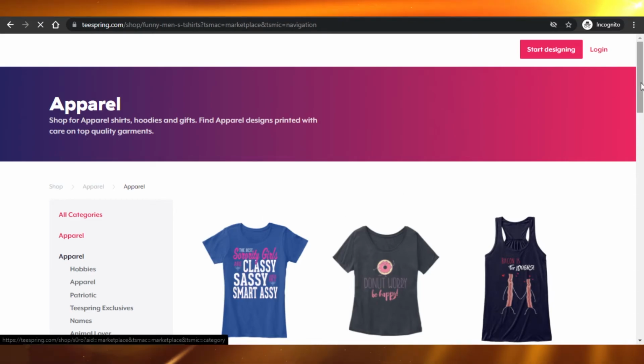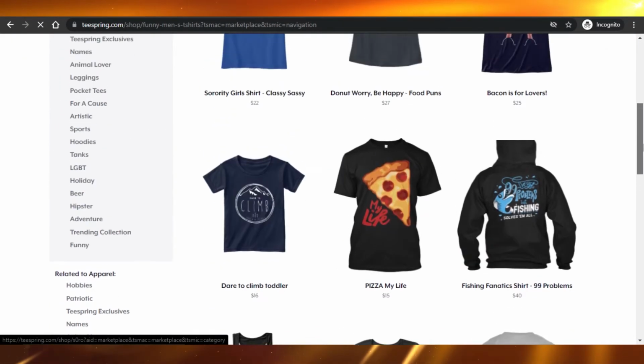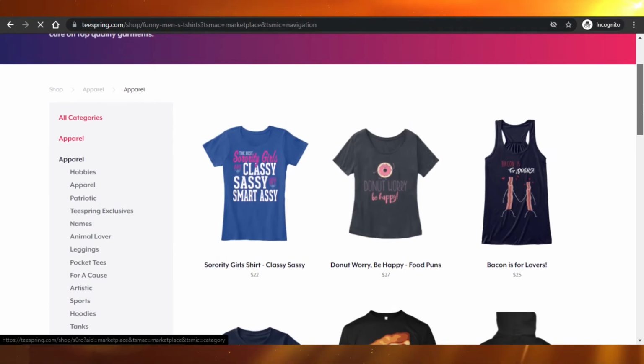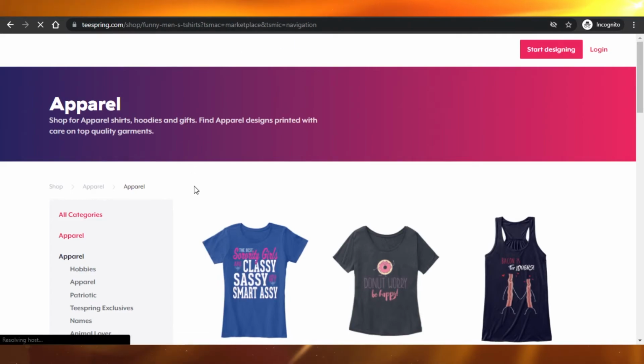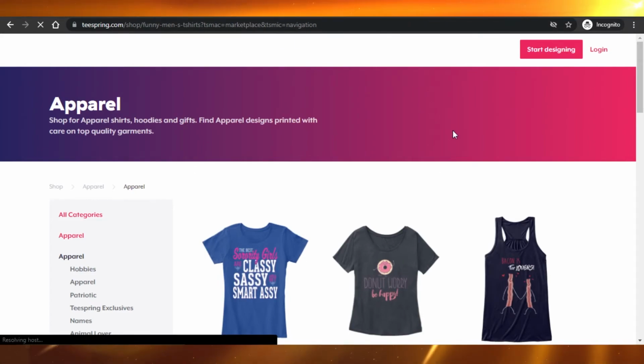So that's very cool. All you have to do is sit on your laptop, design and advertise. The rest will be taken care of by Teespring.